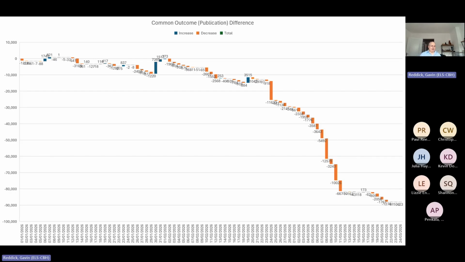Over the last couple of years, we had some new sources coming in, some new elements going on that we were adding year on year. And this year is perhaps a little bit of a regression to the mean, and we'll get into that in a few slides' time. But the biggest single drop in outputs, common outcomes, was publications.